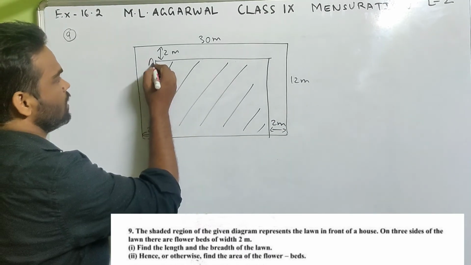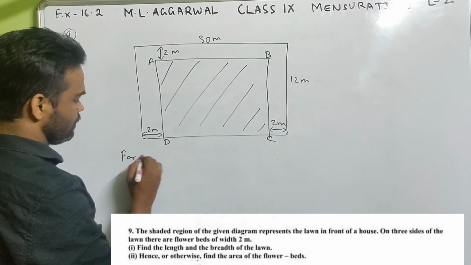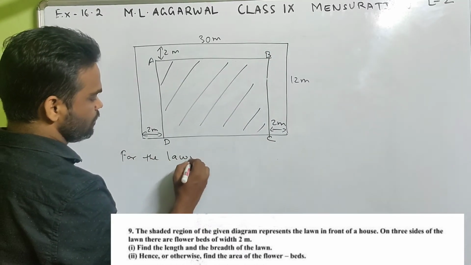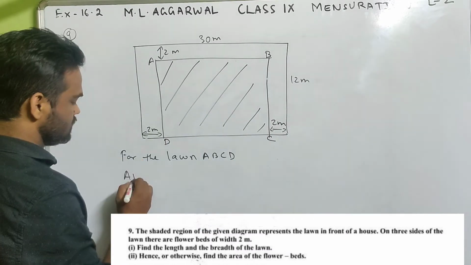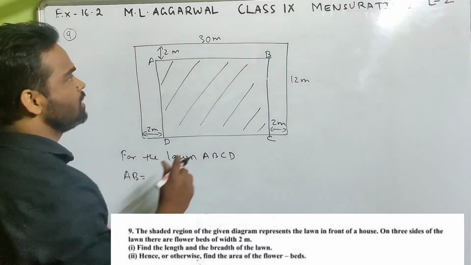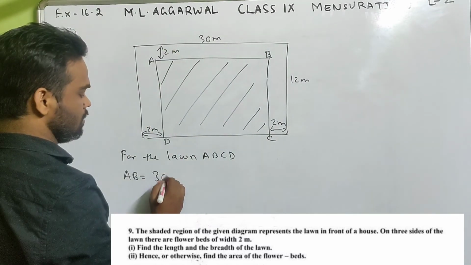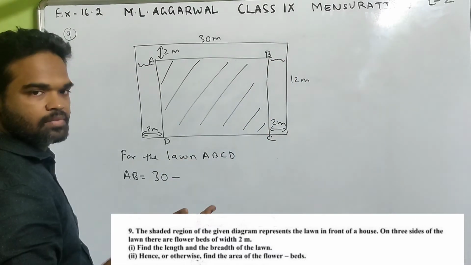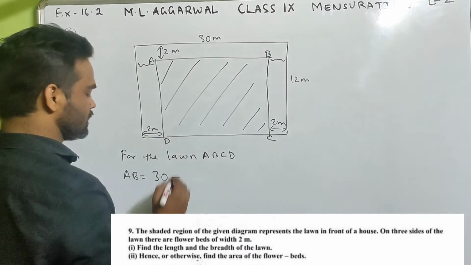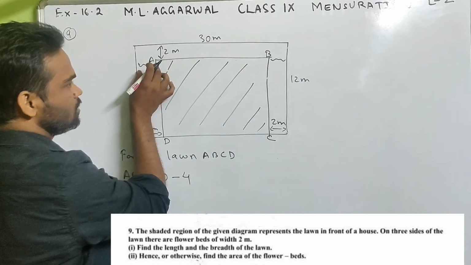So for the lawn, ABCD, just look carefully. AB is the length, which will be equal to, if you look at the outer rectangle, the length is 30 minus 2 from here, 2 from here. Isn't it? These 2 will be subtracted. So minus 4. This entire was 30. This is 2. This is 2.